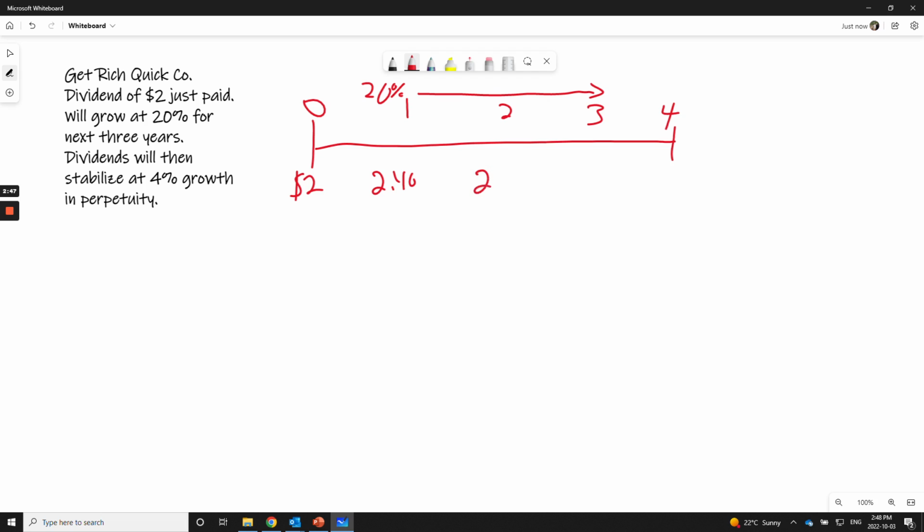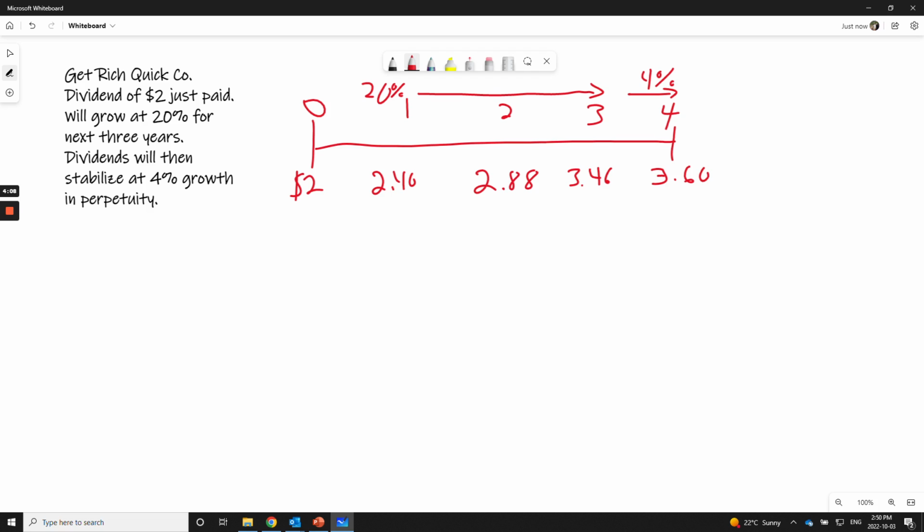The next year, the dividend is going to be $2.88 and then $3.46. From that point on, it's going to grow at 4%. 4% growth means the next dividend is going to be $3.60.